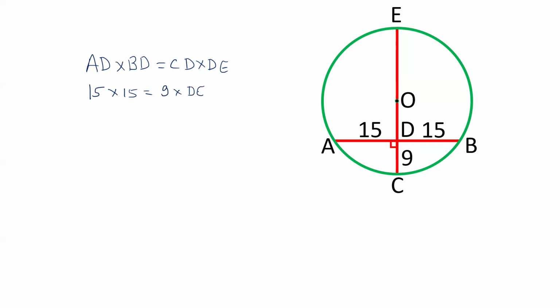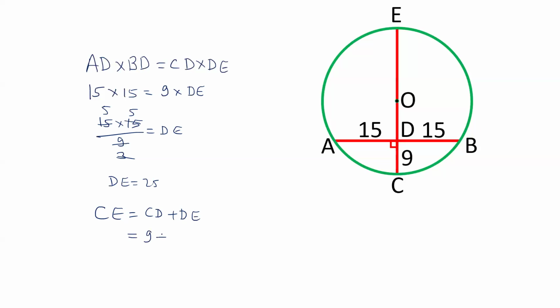We have to calculate DE. 15 into 15 divided by 9 is equal to DE. Cancelling out, 3 5s are 15, 5 5s are 25. So DE is 25.